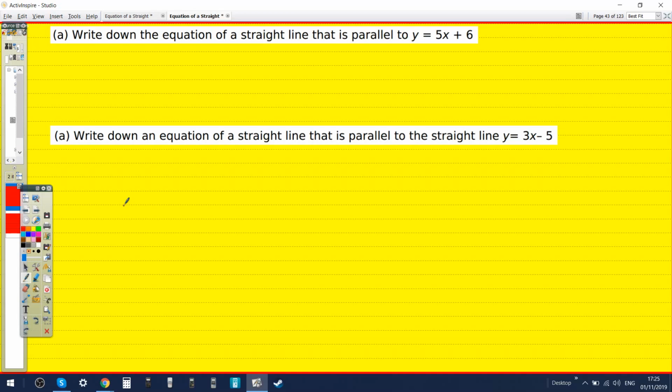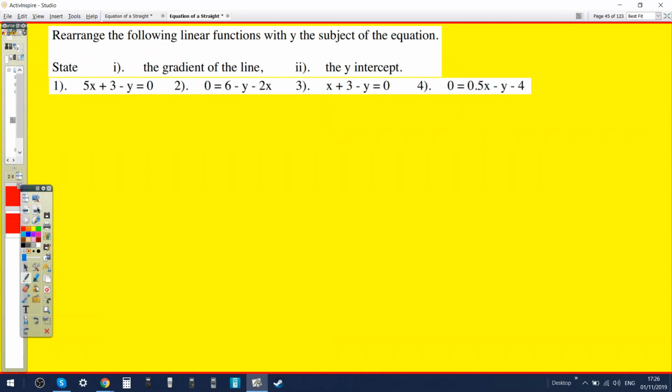So for it to be parallel, I think you have to keep the same gradient but change the constant. Yes. That's right. So for example, 5x plus 7. And don't forget the y equals. Yeah. Sorry. It's its equation. Great.